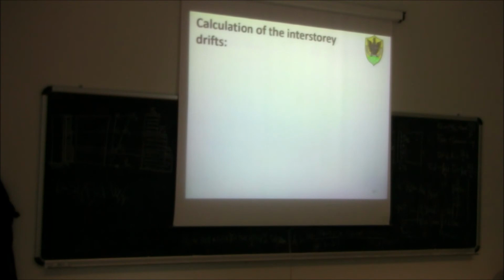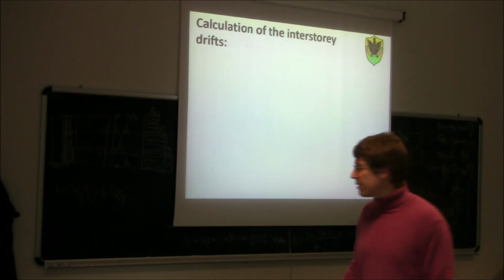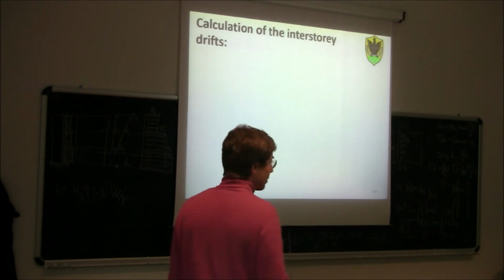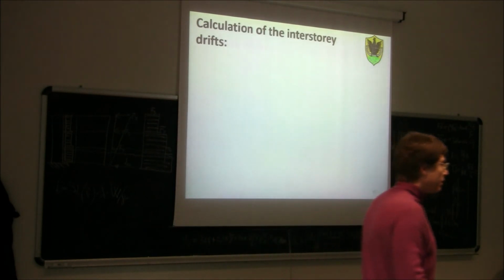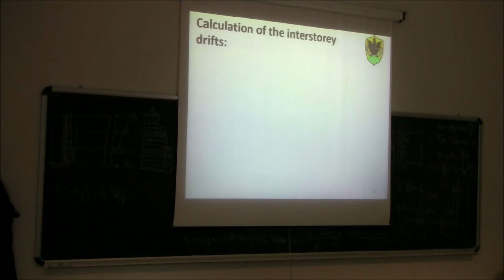Now the last thing before we do a worked example, to understand better, is how can we calculate the interstory drift? Because if you remember, when we do a seismic design, there is not only the design ultimate limit state, but there is also the design serviceability limit state, what is called damage control.